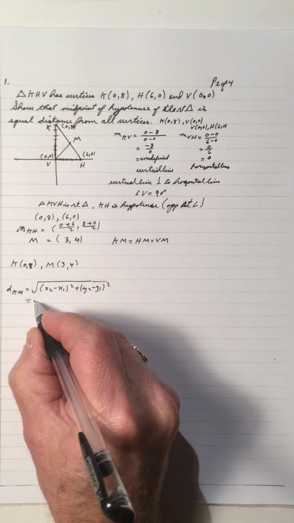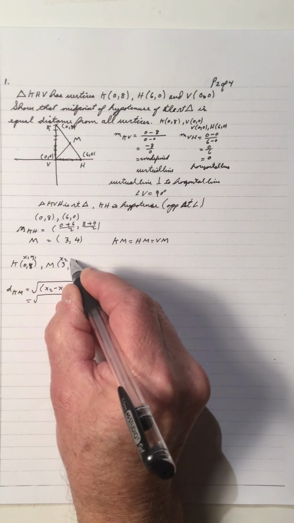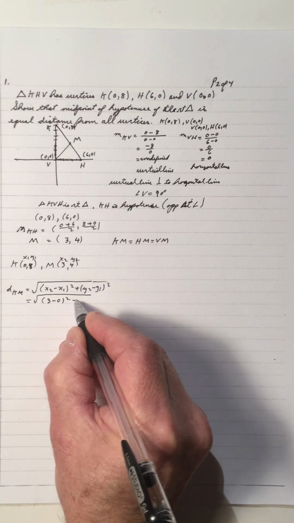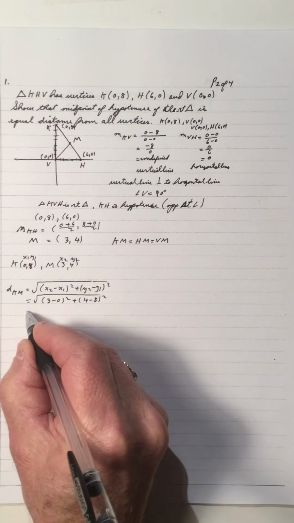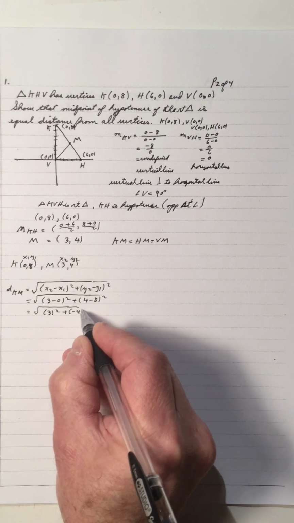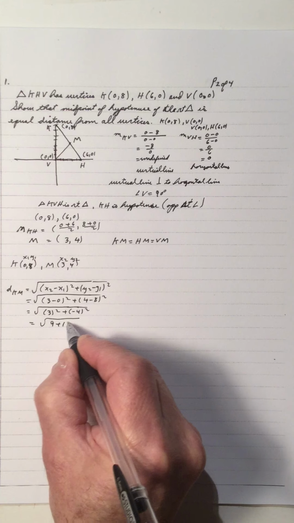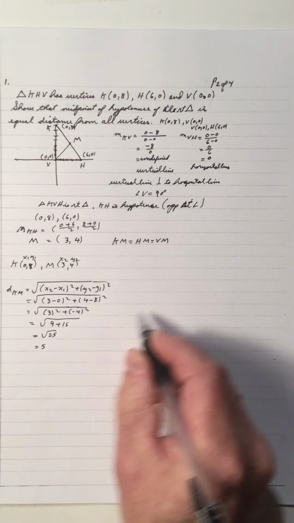So it's 3 minus 0, and y2 is 4 minus 8. That's 3 squared plus negative 4 squared. That's 9 plus 16, the square root of 25, which is 5.